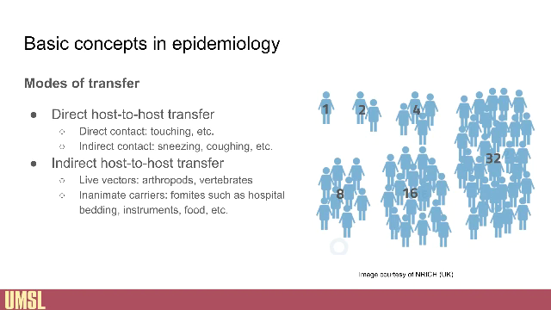And there's also indirect host-to-host transfer, and this is where you're really requiring vectors. And so whether these be live vectors, things like insects or other vertebrates, that are transmitting something, so they're a carrier. They can be a neutral carrier. They can also be a host for this pathogen in terms of they're making these animals sick.